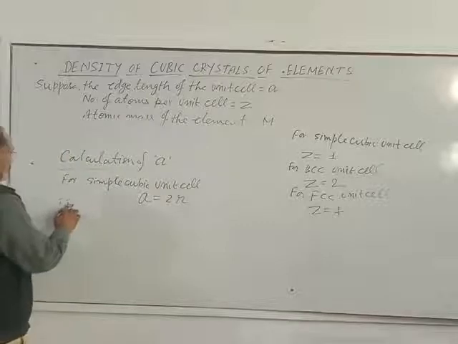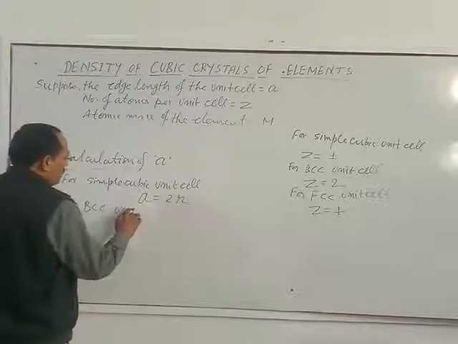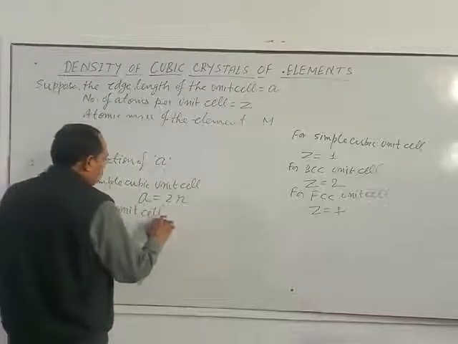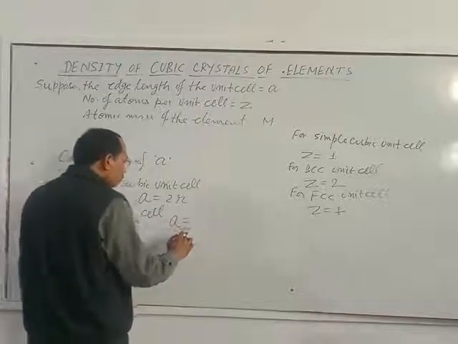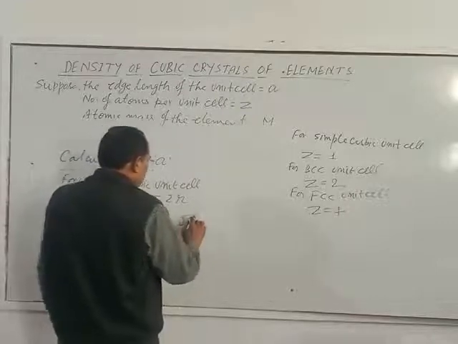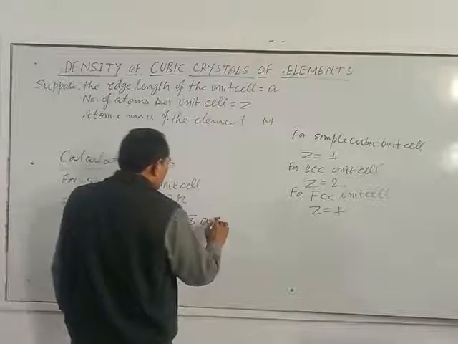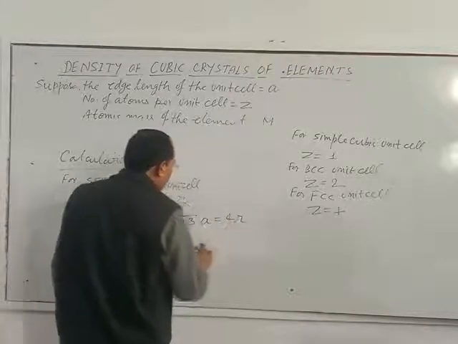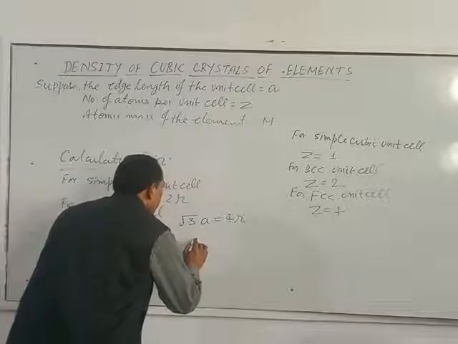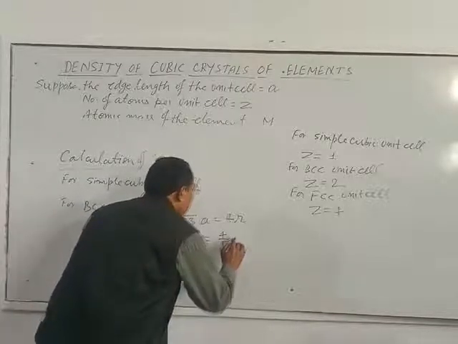For body centered cubic unit cell, root 3a equal to 4r. That is why a equal to 4 by root 3 r.